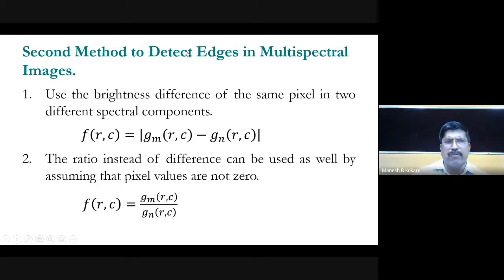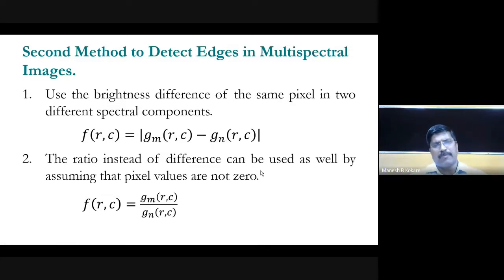So use the brightness difference of the same pixel, with the same row and column, in two different spectral components. This is one technique, and you can extend it up to however many planes you have.